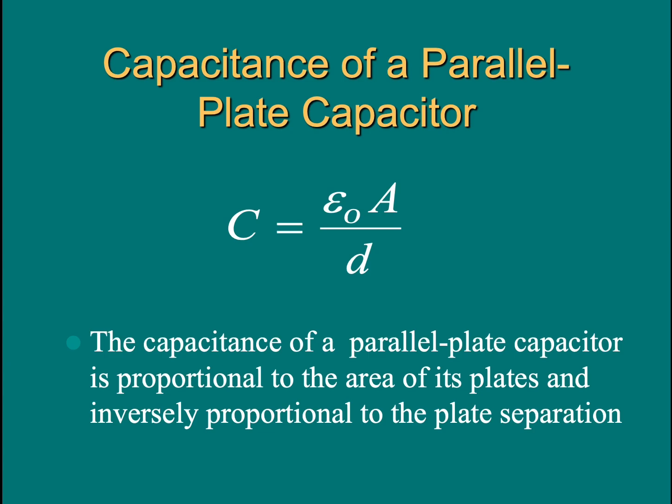To summarize, the capacitance of a parallel plate capacitor is given by epsilon naught times area of the plate divided by the separation of the plates. So C equals epsilon naught A over d.